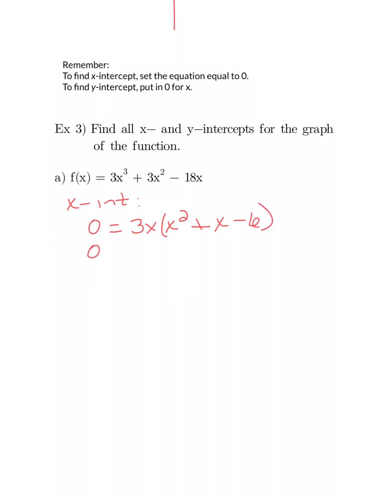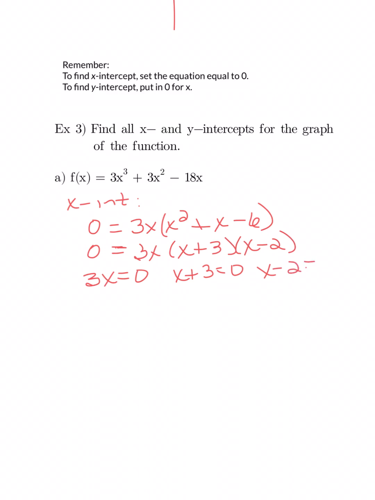What was left in this equation after we pulled out the 3x factor is x plus 3 times x minus 2. So for our x-intercepts, we're going to set those factors equal to 0: 3x equals 0, x plus 3 equals 0, and x minus 2 equals 0.